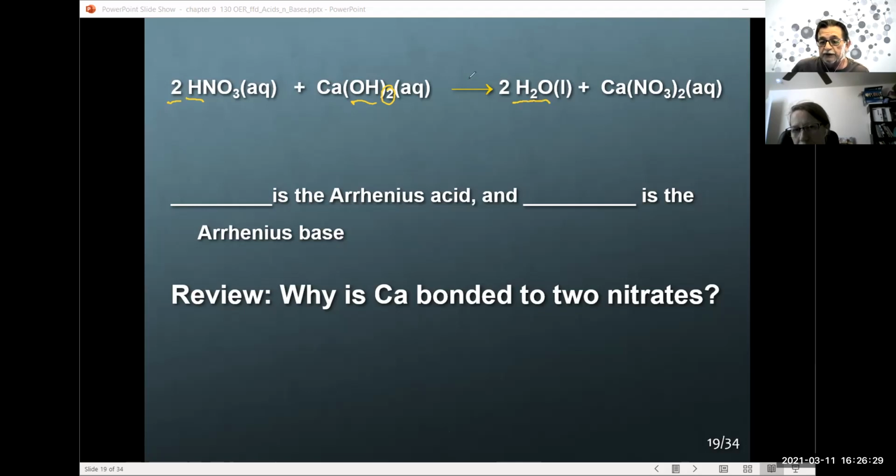Notice that coefficient in front. Now that coefficient in front of the formula, we can change any number of times, whatever value we need. We don't change the subscripts. The subscripts are etched in stone, but the coefficients we can change to whatever value we need to get things to balance.